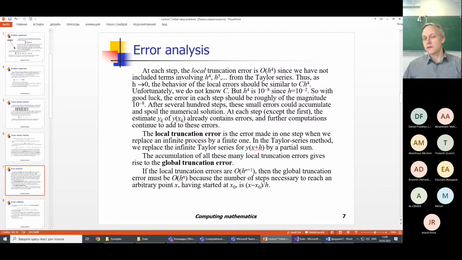The accumulation of all of these many small local truncation errors gives us the global truncation error. And it is known that if the local truncation errors are of order h power n plus 1, then the global truncation error must be of order h power n.